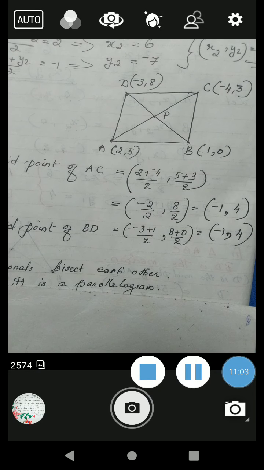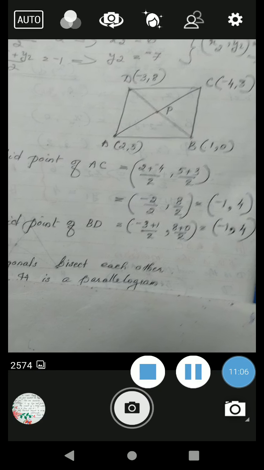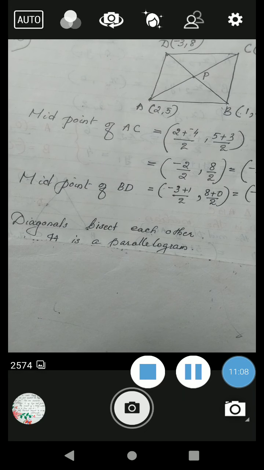Therefore, we can give a special name. Diagonals bisect each other, that is the property of a parallelogram. Therefore, this figure is a parallelogram. That is the special name of this figure.